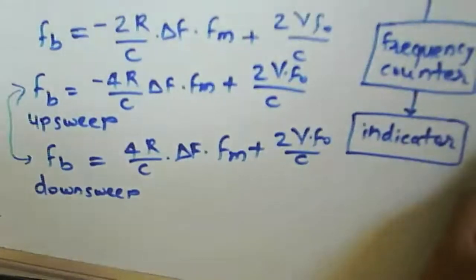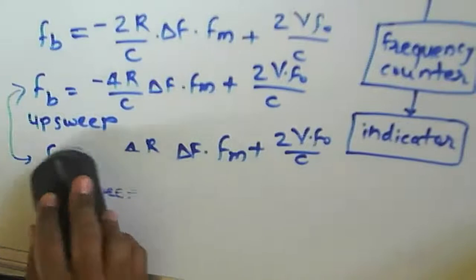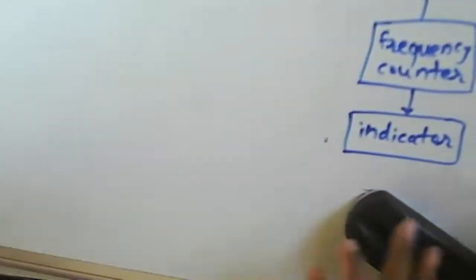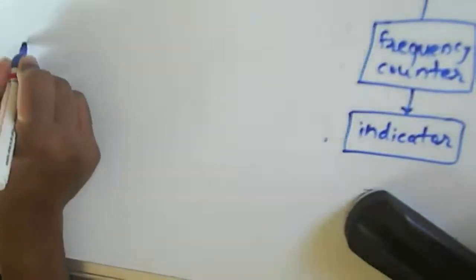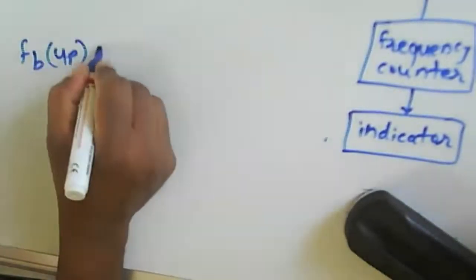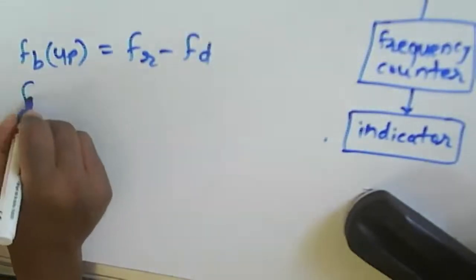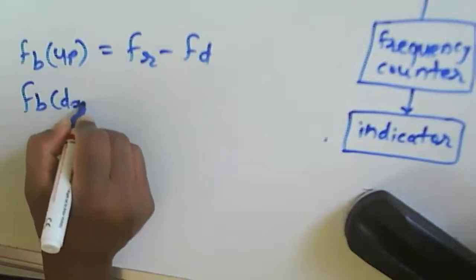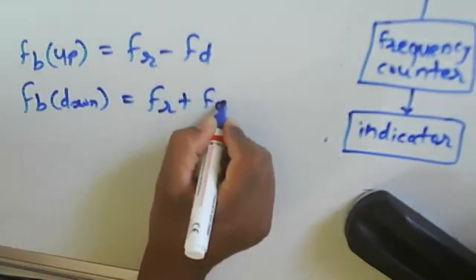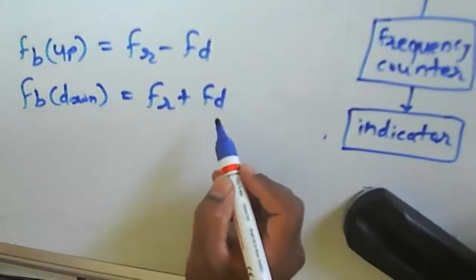So in that case your equation will be written into the form of FB up, FR minus FD, and FB down, FR plus FD. This one is about a Doppler shift.